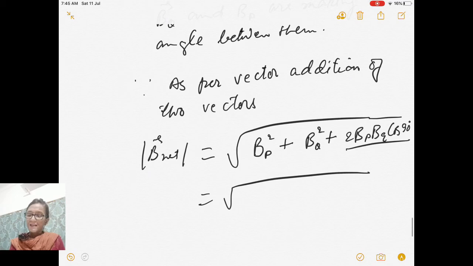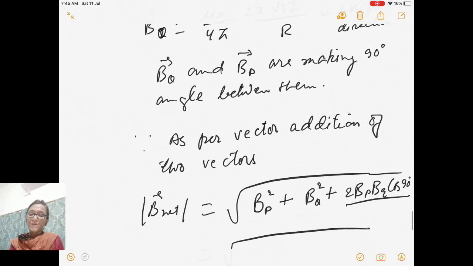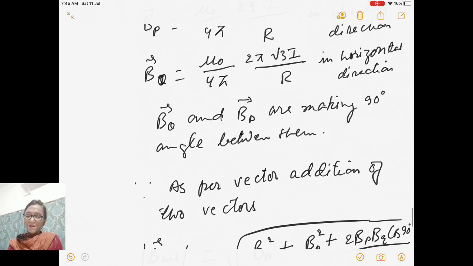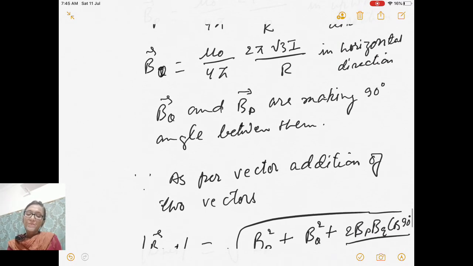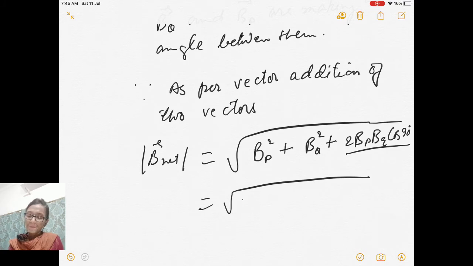And therefore it is equal to mu naught upon 4 pi 2 pi I upon R whole square.